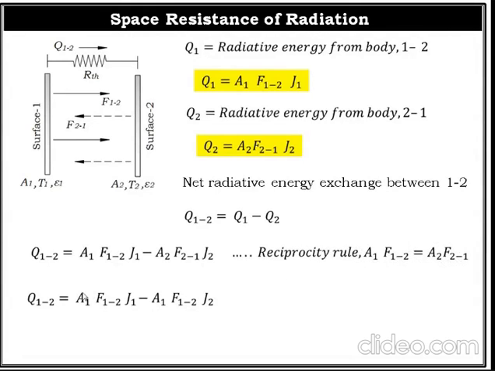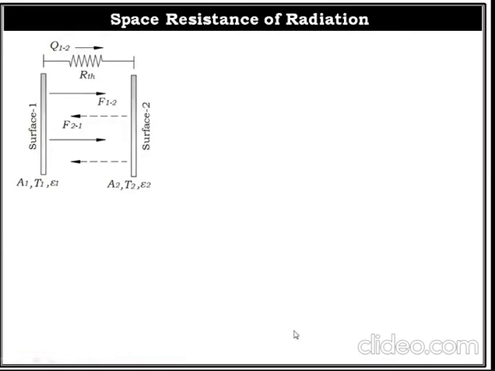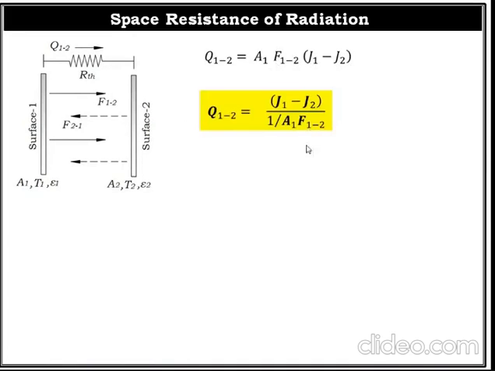Anyone can replace. So here we are replacing A2 F21 by A1 F12. Now taking this area and shape factor as common, in the bracket there is J1 minus J2. So we got this final expression with J1 minus J2 and the common terms.